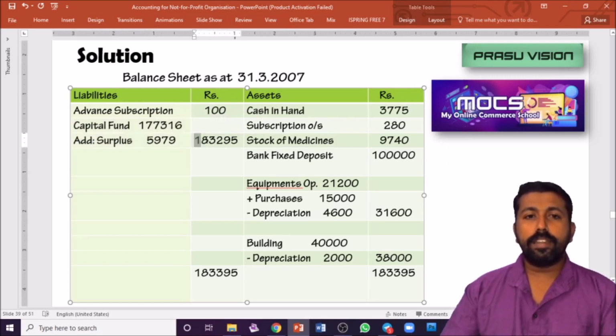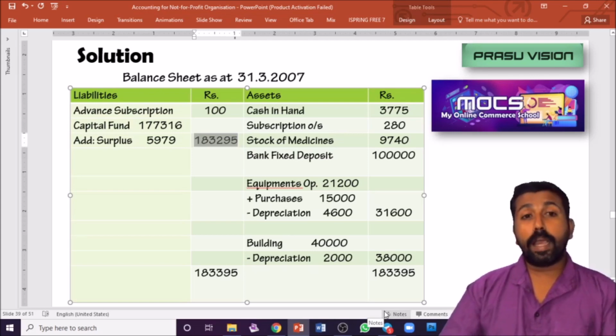So we will get 1,83,295. Both sides are tallied when we find the total, 1,83,395. My dear students, in this way we have to calculate the surplus as well as prepare the final balance sheet. At that time, if the capital fund amount is not given, we have to find out the capital fund by preparing an opening balance sheet.